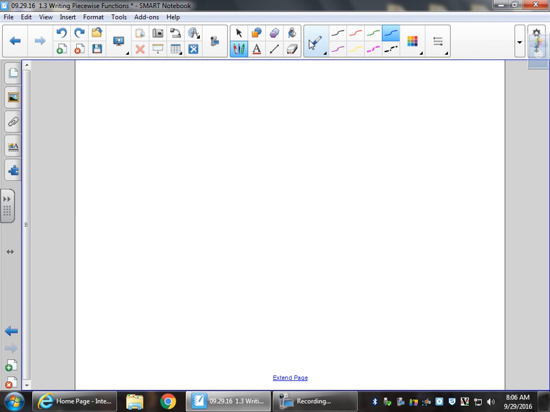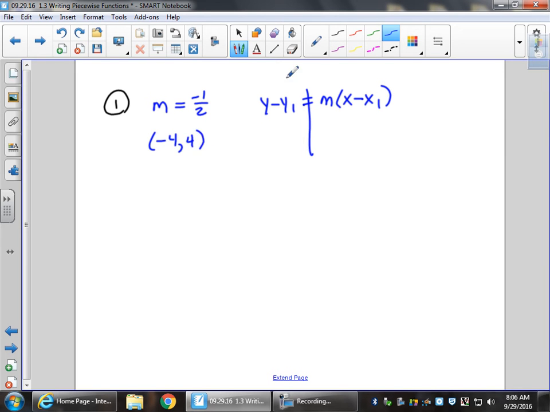So I know we're still on piece 1 right now. I know m is negative 1/2. We don't know b. So we're going to use y minus y1 equals m times x minus x1 using the point negative 4, 4, correct? Okay, so blast from the past, x1, y1.